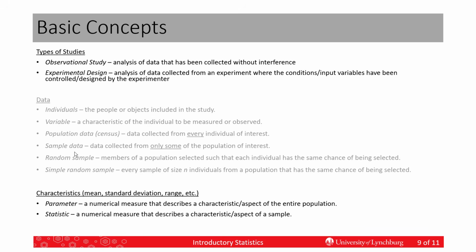It's a true value that I don't know. In most cases, I won't know what this value is. So the concept of parameter goes with a population. Notice that parameter starts with a P, and notice that population starts with a P.